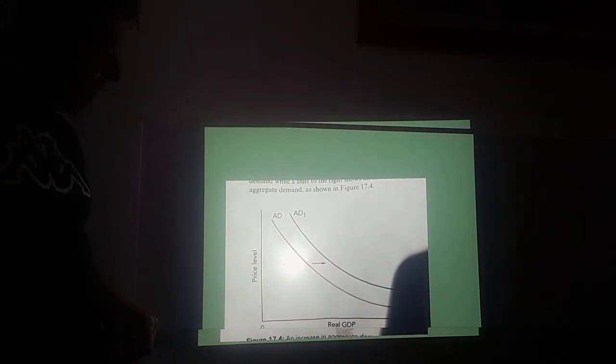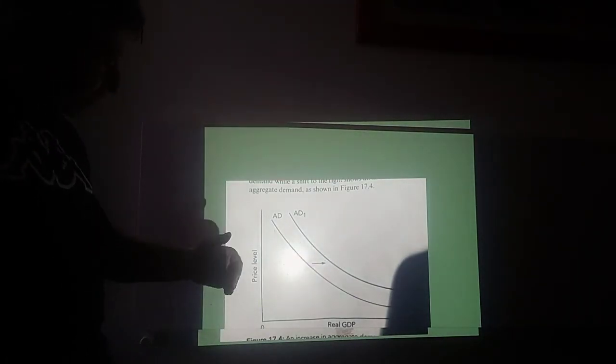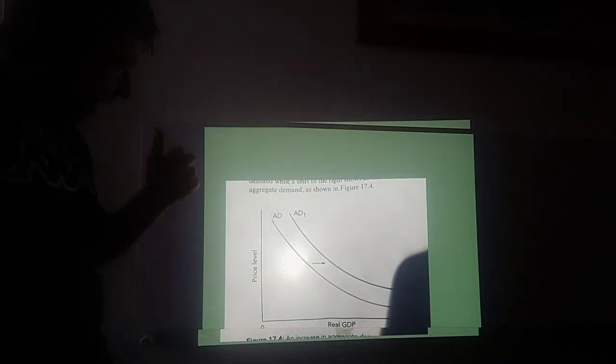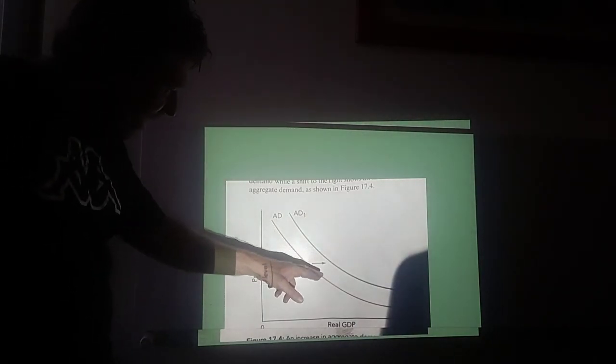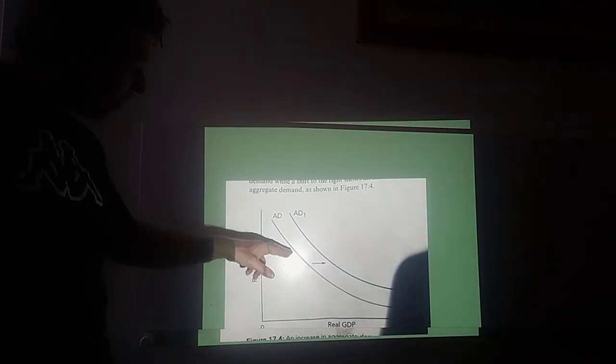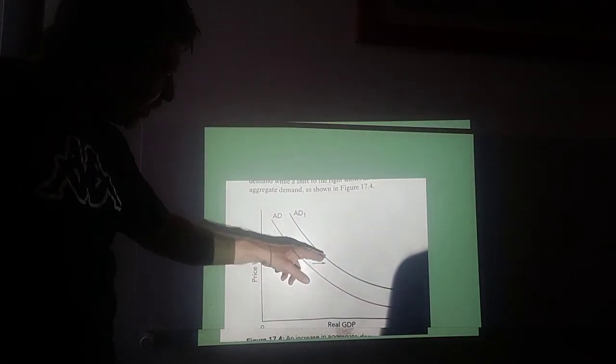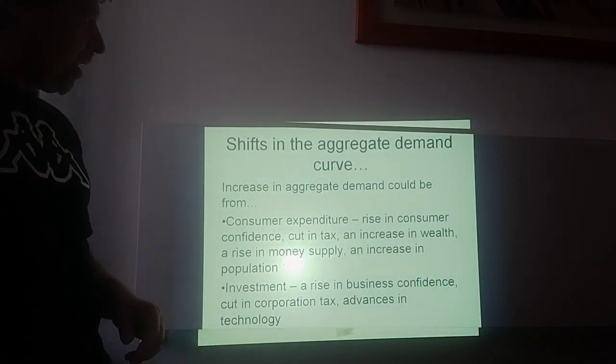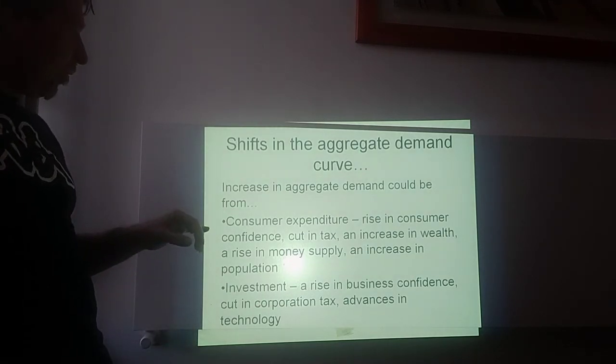Obviously, that is a good shift to make because you've increased demand and you've increased the GDP. Now, normally, price levels will follow aggregate demand on this, but to shift it will take a fundamental change.